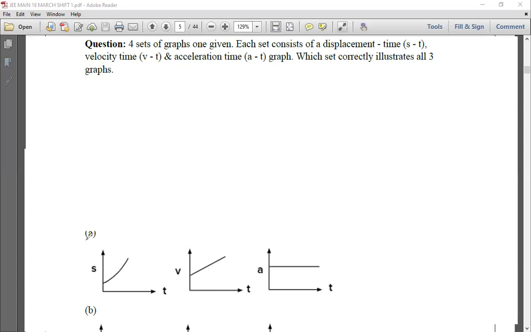Then only we can use these equations. S is proportional to t square, V is proportional to t, and acceleration does not depend on time, so it should be a parallel line, that is, constant. Constant, uniform acceleration. Then only we can use this kinematical equation, and that's why option A is the correct answer. Clear?